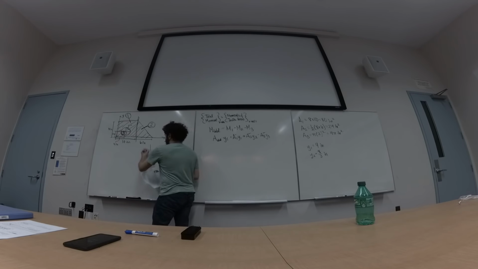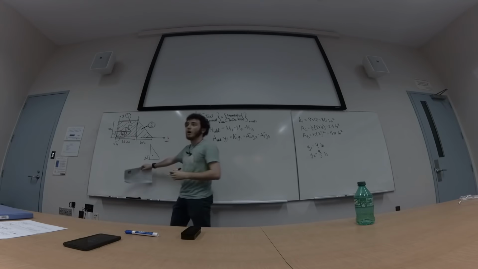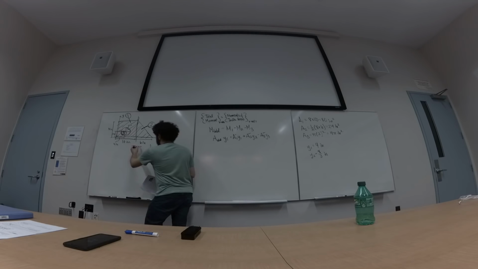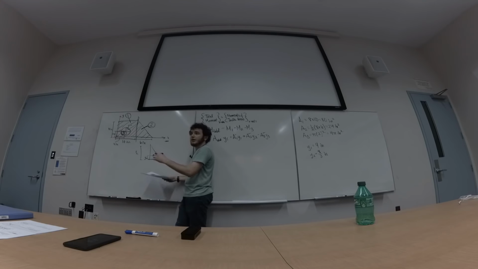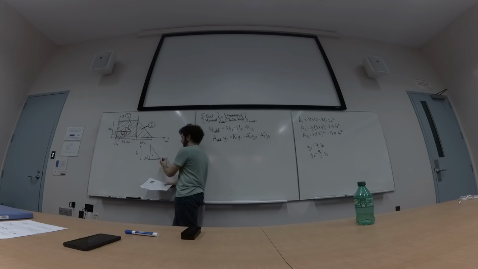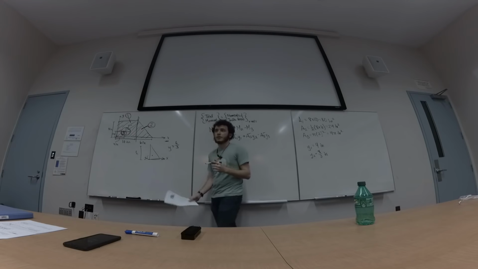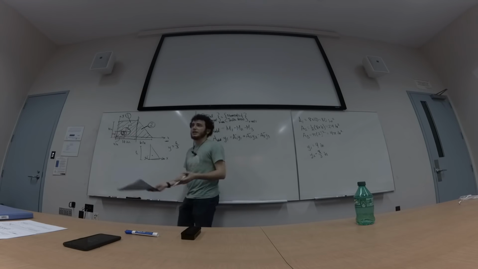If you've got a triangle and you're trying to find that y value, and you've got some height h, and you're taking the moment around this axis, say it's the x-axis, your height y is going to be equal to h over 3. That's just a formula that they'll give you.